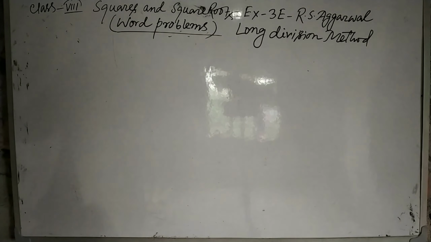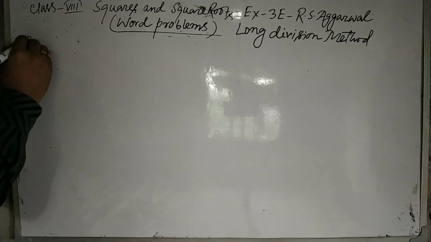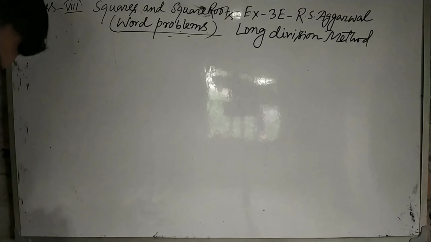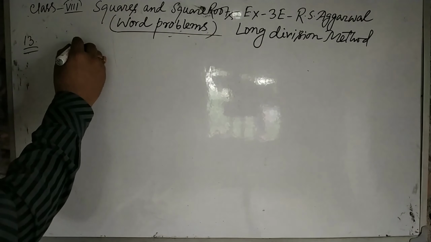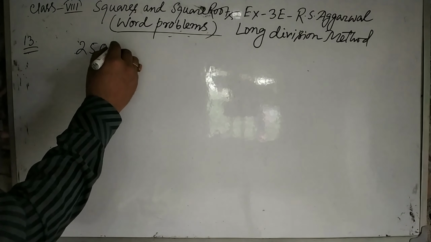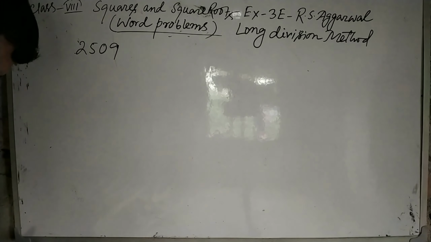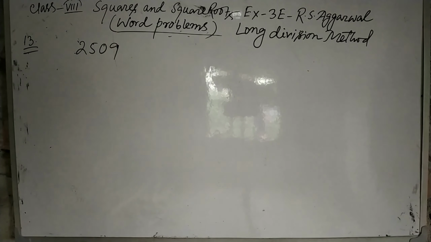Look at the question number 13. What is given? Find the least number which must be subtracted from 2509 to make it a perfect square number.